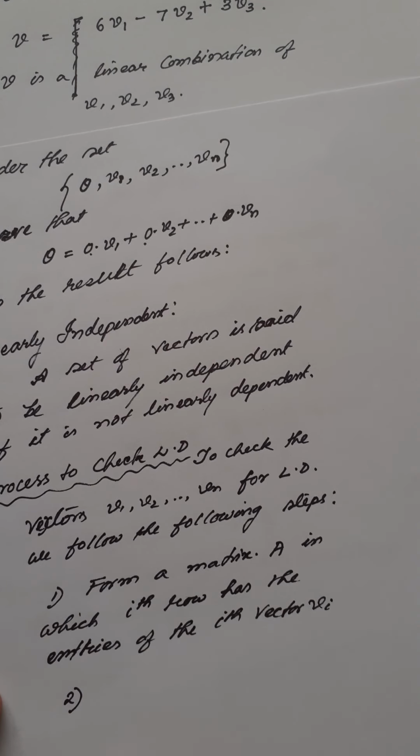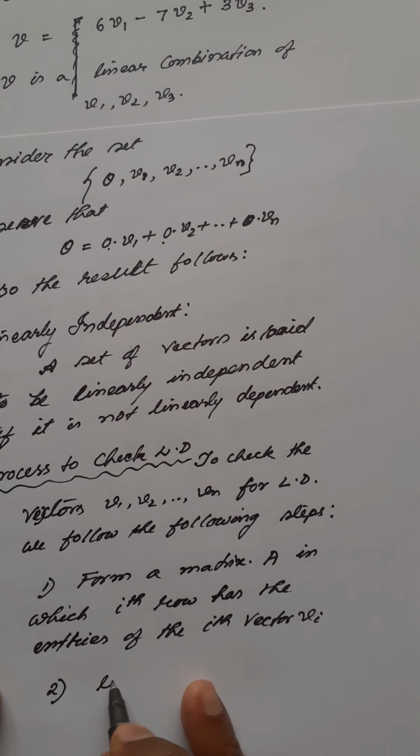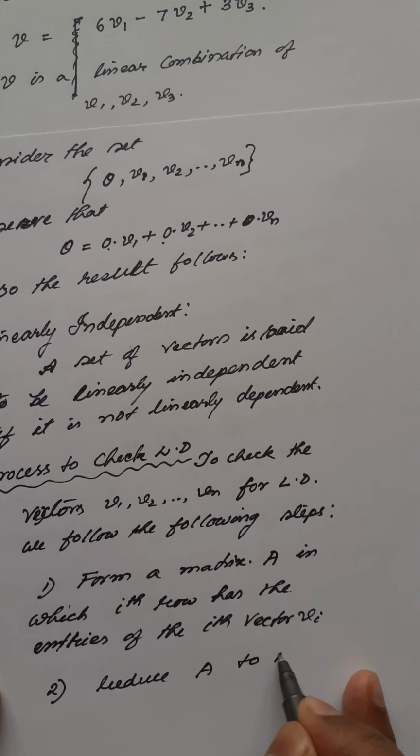Step number 2 is reduce A to row echelon form.